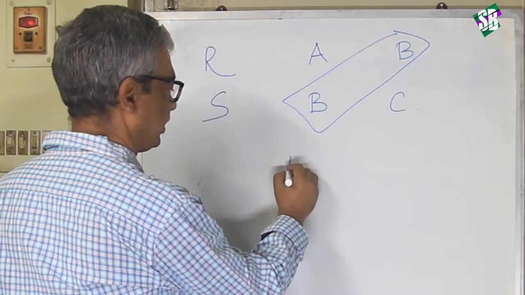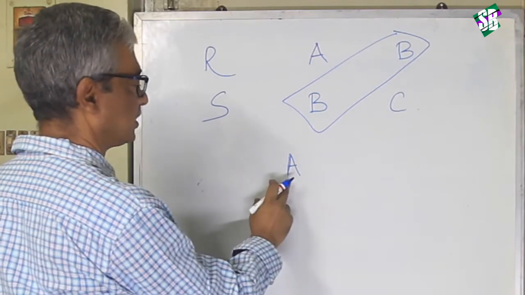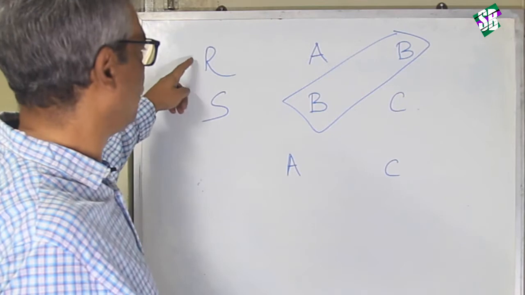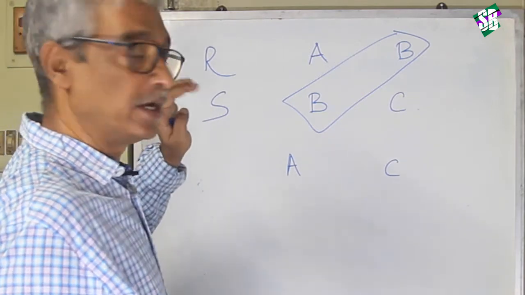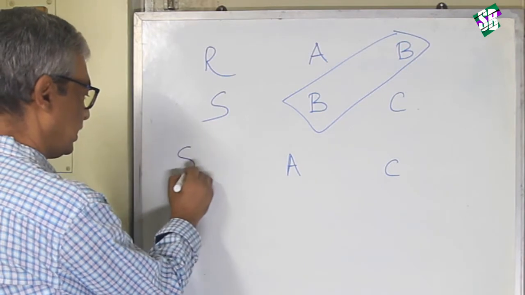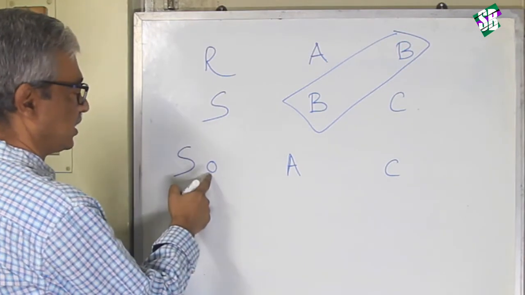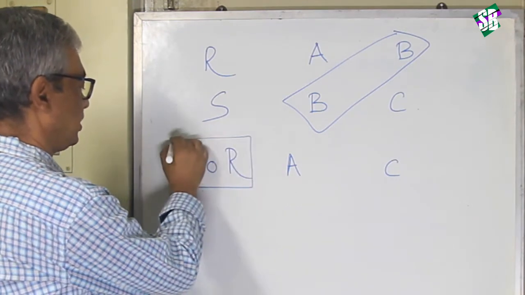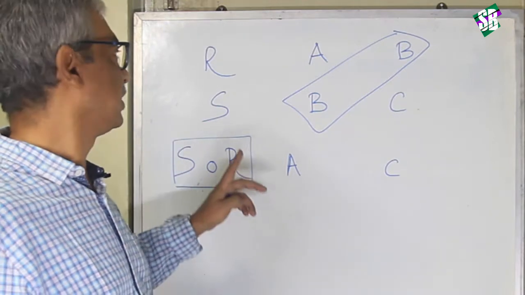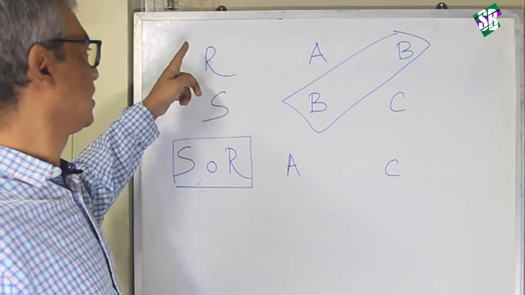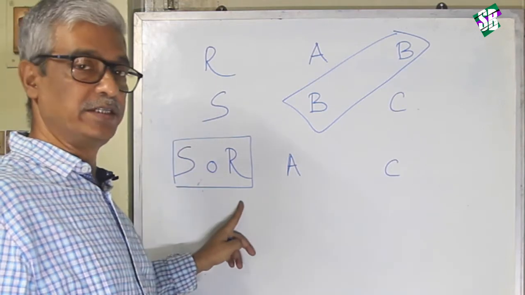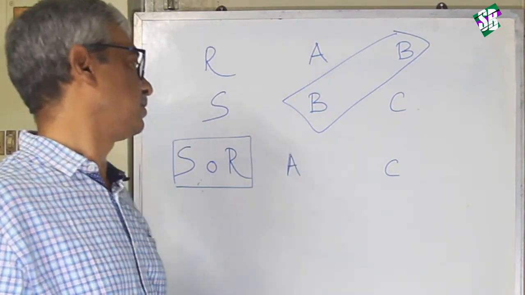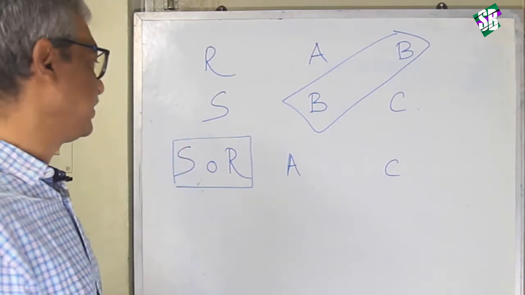Then we can define a binary relation from the set A into the set C obtained by composing these two binary relations, and that is denoted by S, put this sign small o, and R. So this is the symbol for the composition of the binary relations R and S, and this binary relation is defined from the set A into the set C. And how is this binary relation defined?